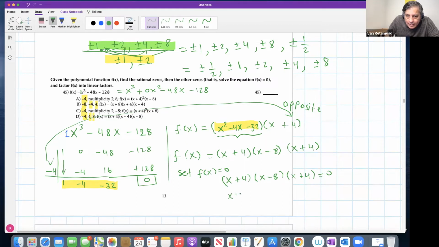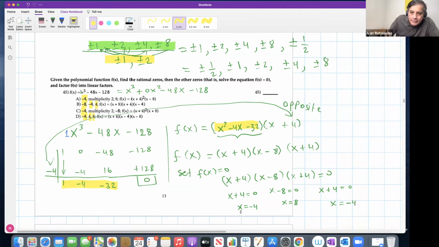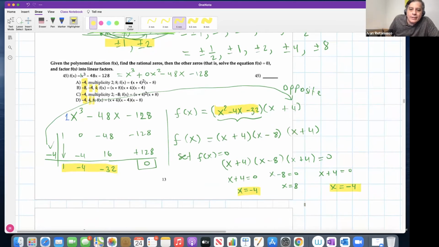So x plus 4 equals 0, x equals negative 4, one zero. x minus 8 equals 0, x equals 8, another zero. x plus 4 equals 0, x equals negative 4, another zero. This zero is repeated, so let's mark it. Multiplicity 2. In reality, there are just two zeros: 8 with multiplicity 1 and negative 4 with multiplicity 2.